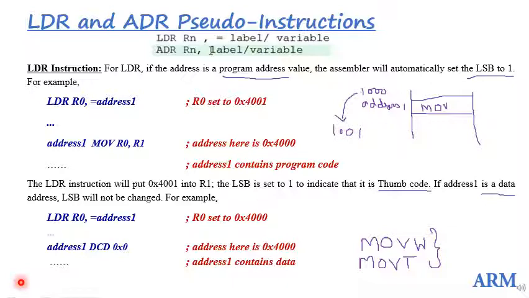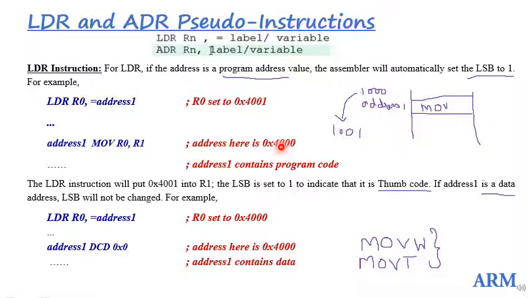Okay, so here is an example, LDR R0, equal to address 1, and I have some program here, and this is the label address 1. It is holding some instructions, MOV R0, R1. So actually address 1 is 4000 in the program here.